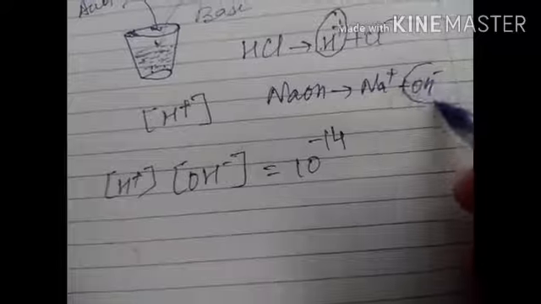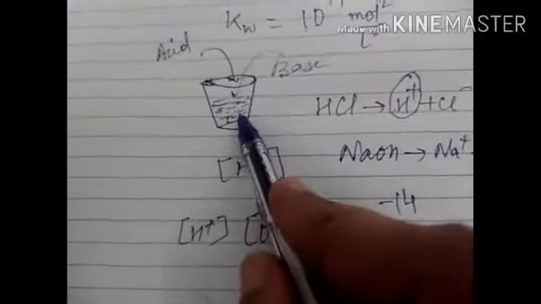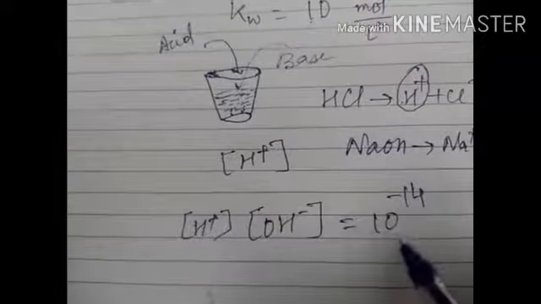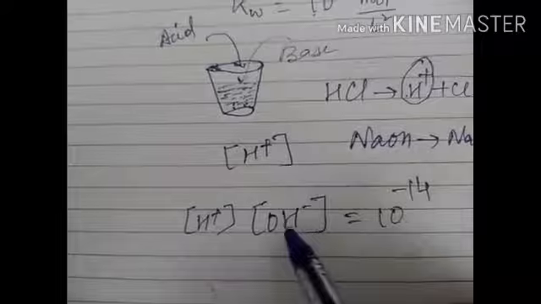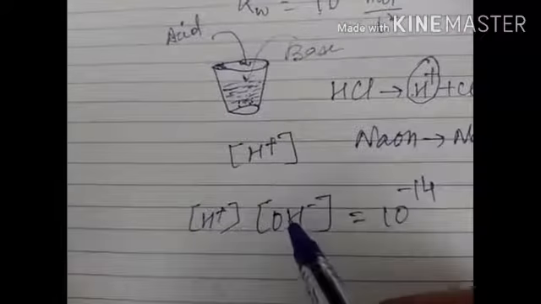Here I am concerned with this OH minus only. So the OH minus concentration will increase. It means the data should have changed, but still I found that the product of OH minus, coming from the water ionization and the base dissociation, and H plus is still 10 raised to the power of minus 14.